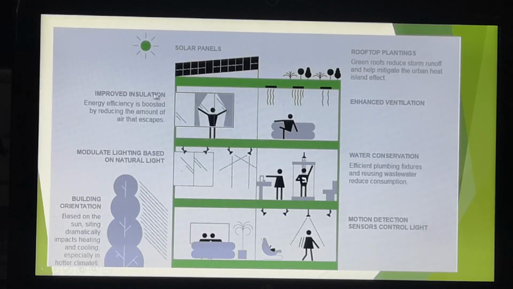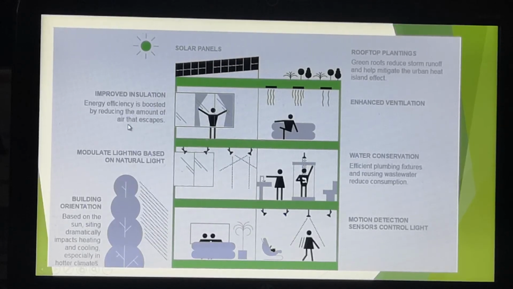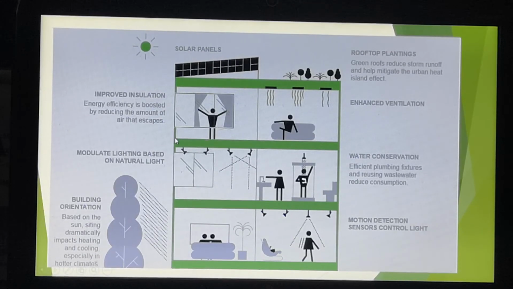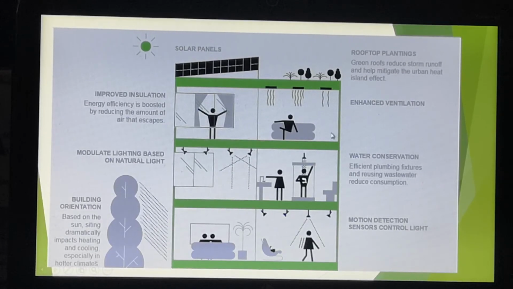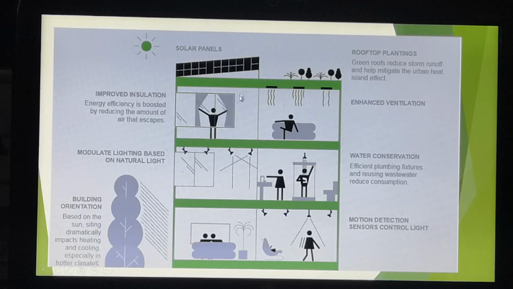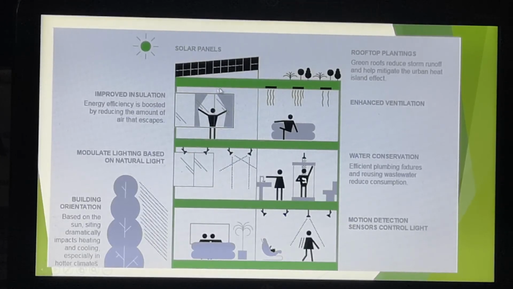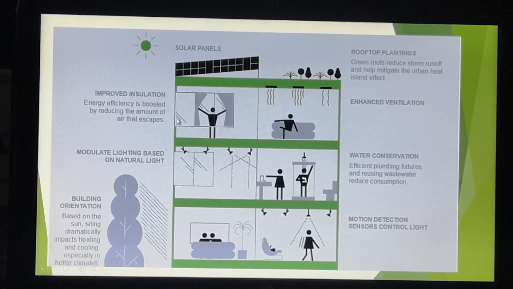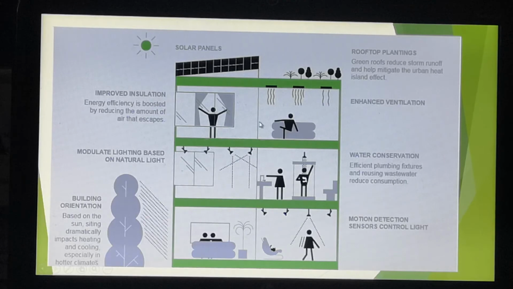And also the improved insulation, meaning that energy efficiency is boosted by reducing the amount of air that escapes. So whenever you're using cooling, like air conditioning, we need to make sure it is closed and not open, so the heat does not come out, and the temperature inside the building is maintained, with no need for extra energy to cool back.